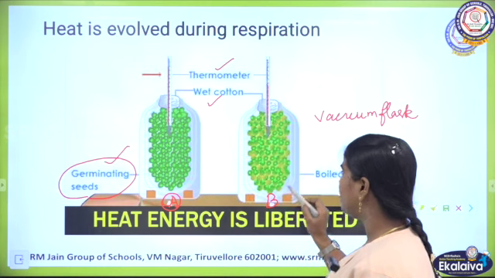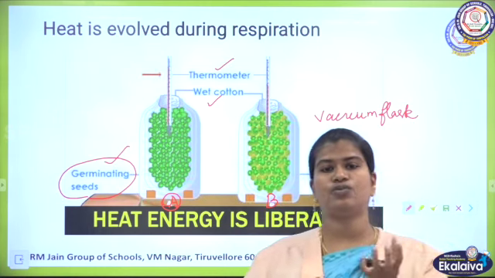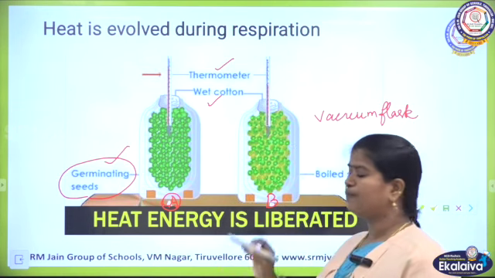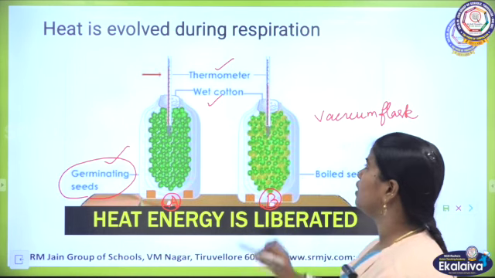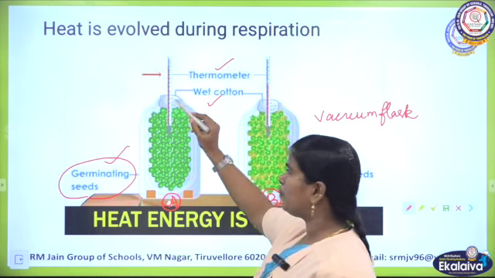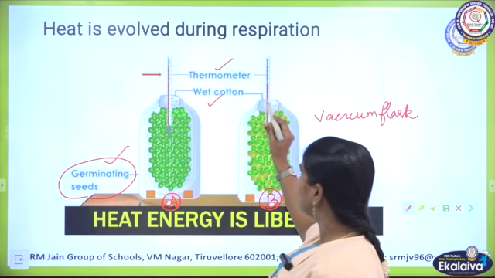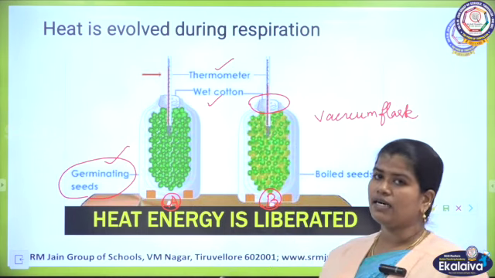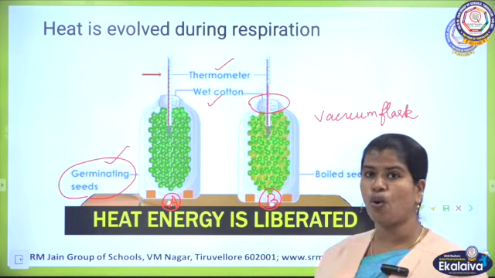And in flask B, the killed seeds, which means seeds which have been boiled, we have to keep in flask B. Once we have done that, we should insert a thermometer in both flasks, and seal the mouth of the flasks using wet cotton, and we need to leave this setup for a few hours.